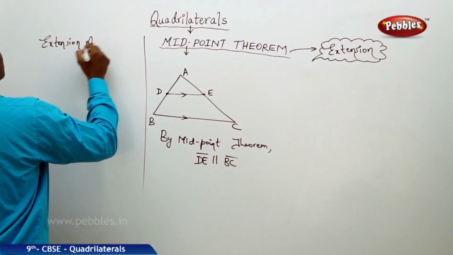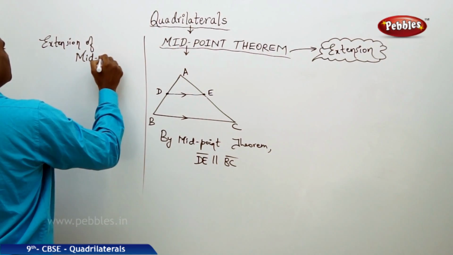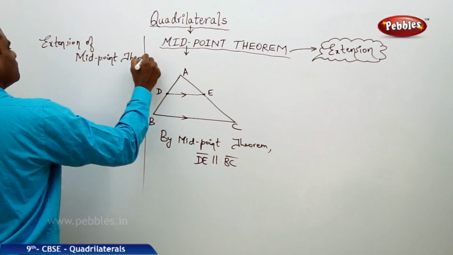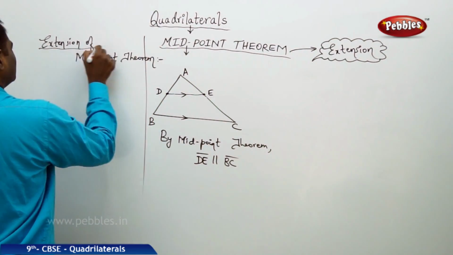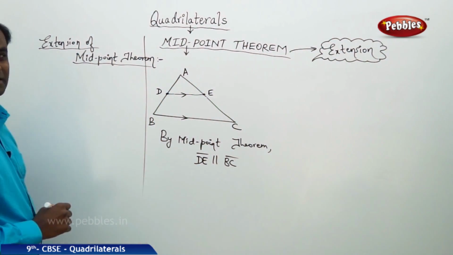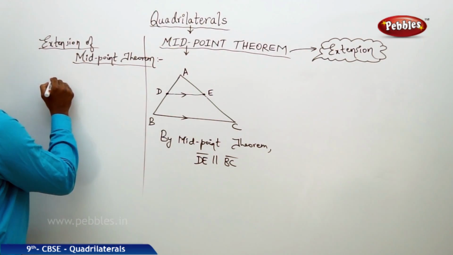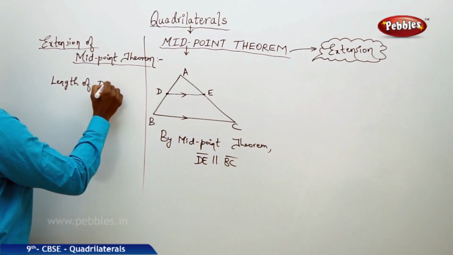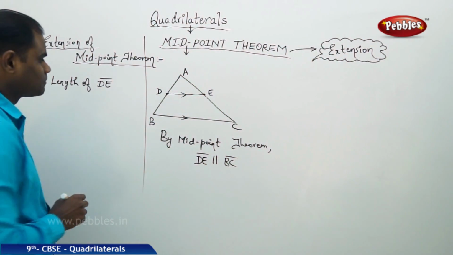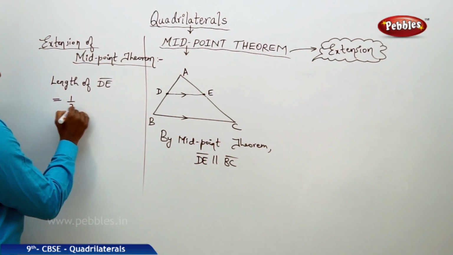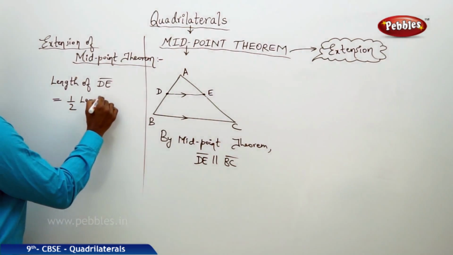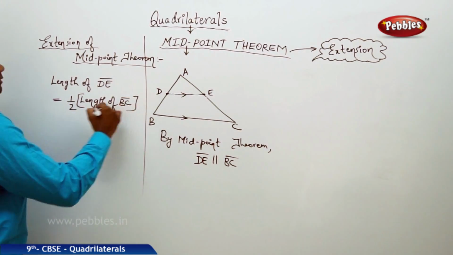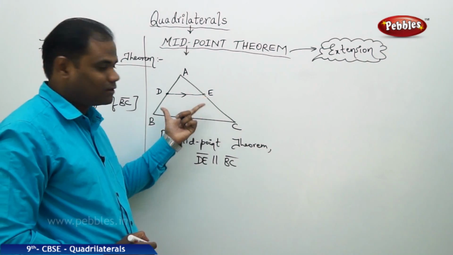The extension of the midpoint theorem says that the length of the line segment DE is exactly half of the length of its third side, which is BC. So this length must be half of this.